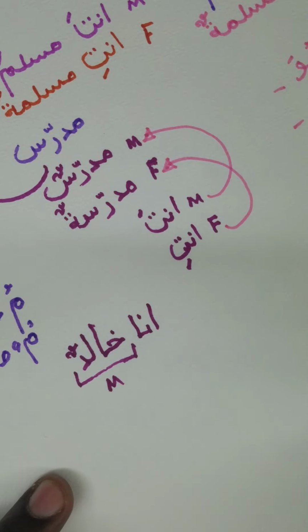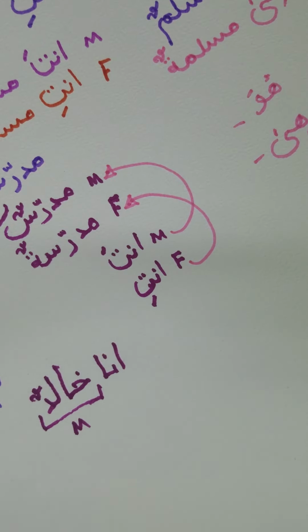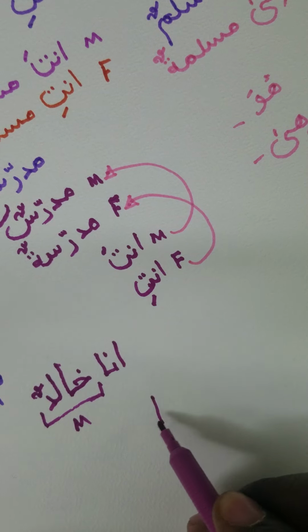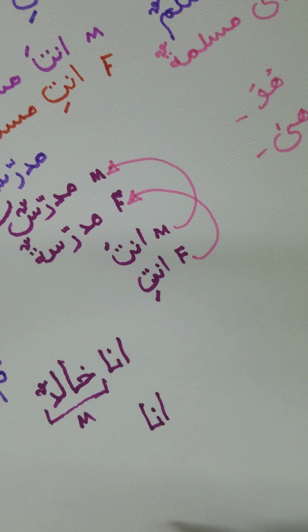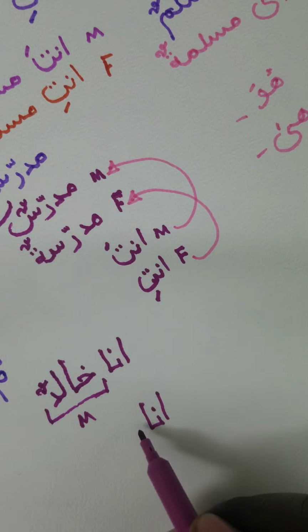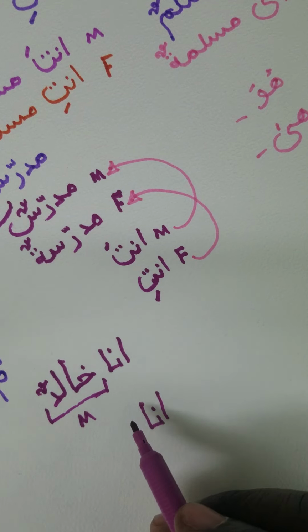But before we go any further, let's also use one female word: "Ana Fatuma." How do we write it? Case 1 for the name Fatuma is going to be "Fatumatun."